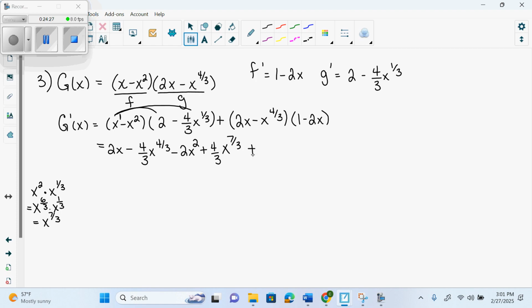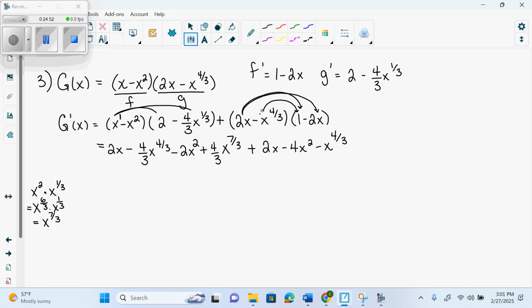Plus. Now we're getting to the next set of brackets. 2x times 1 is 2x. 2x times negative 2x is negative 4x squared. Negative x to the 4/3 times 1 is negative x to the 4/3.